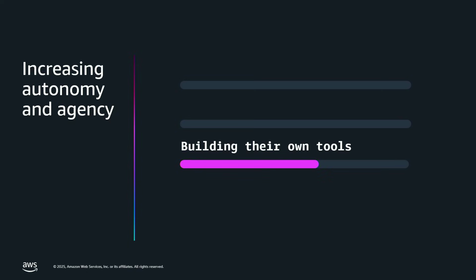Building their own tools is one level of agency we gave them. The second level is creating agents dynamically. The main agent you are running can create its own sub-agents with a custom system prompt and a custom set of tools, and they can be async.